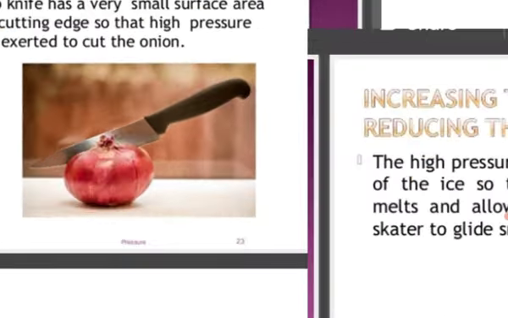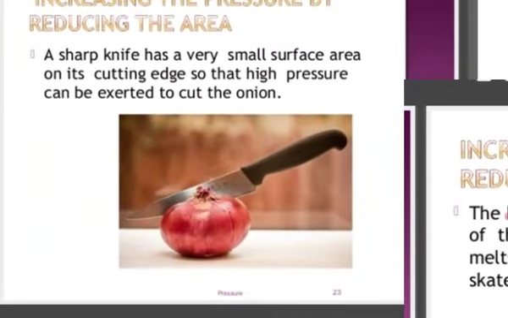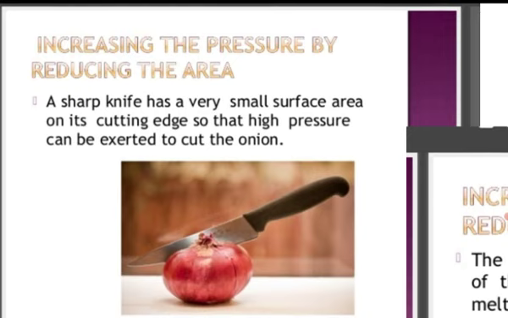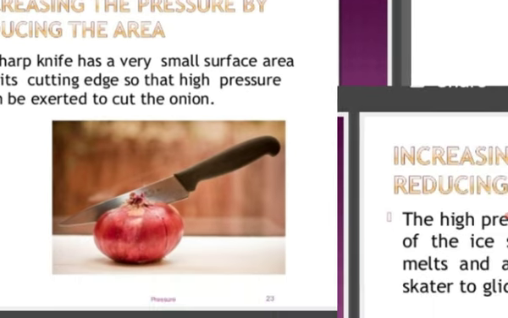Here is another example of how the pressure is exerted on an object. Here we take a sharp knife. A sharp knife has a very small surface area on its cutting edge so that high pressure can be exerted to cut the onion, and it is very easy to cut the onion with a sharp knife.